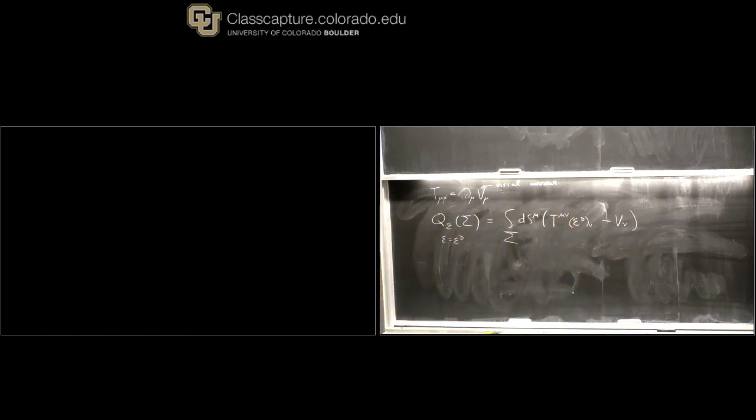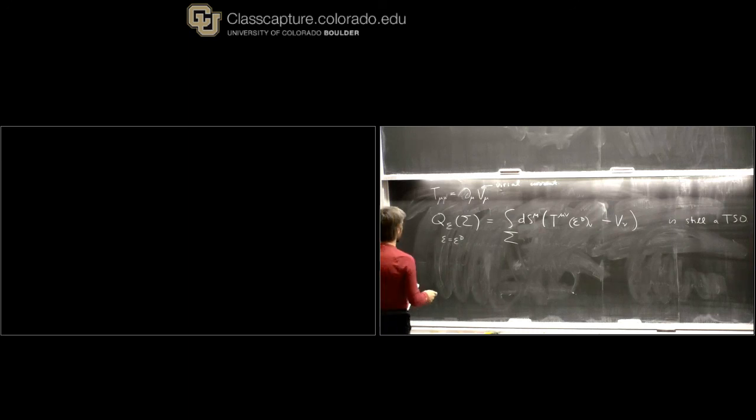So I modify the definition of the topological surface operator by this extra term V nu. Now you can see that thanks to this relation, that the trace of T is the divergence of V, this object is still a TSO. And so I have a scale invariant theory. But is it a conformally invariant theory?